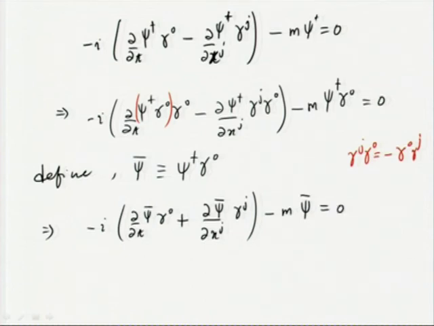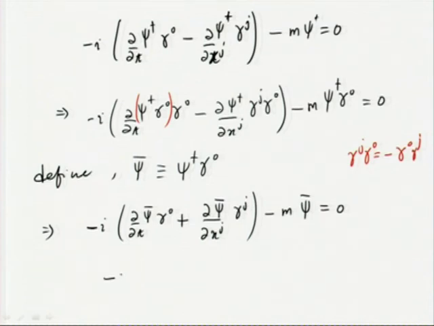So, there is an overall minus sign, and what is there in the bracket is basically a total derivative of psi bar dotted with gamma mu.